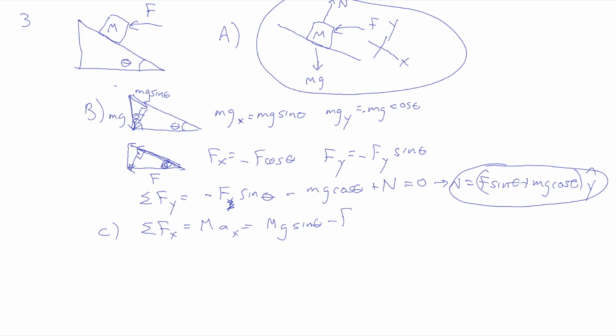So my pushing force has a component in the x direction of minus F cosine theta. And I can solve this for the acceleration. The m's cancel like this. So the acceleration in the x direction is equal to g sine theta minus F over m cosine theta in my x-hat direction.